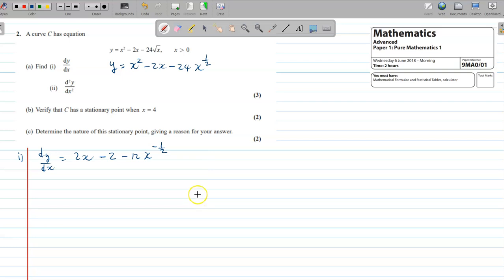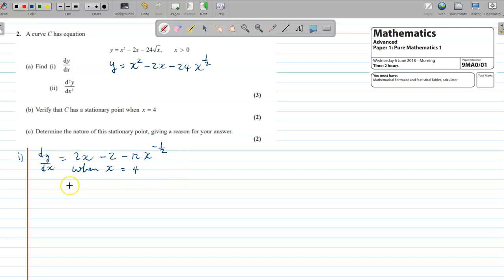Okay? Now, we want to verify that it has a stationary point when x equals 4. So at a stationary point you need to know that dy by dx equals 0. So when x equals 4, we should get 0.